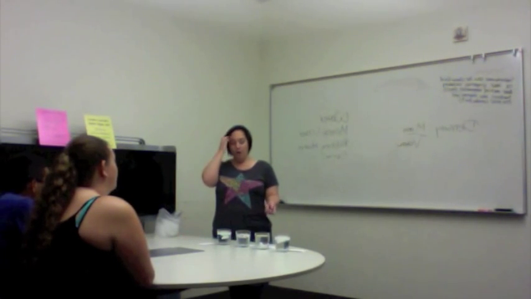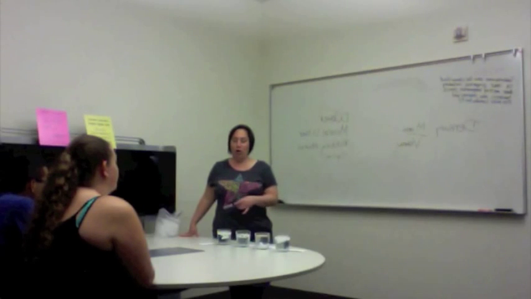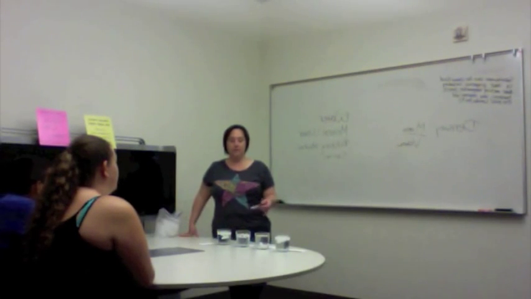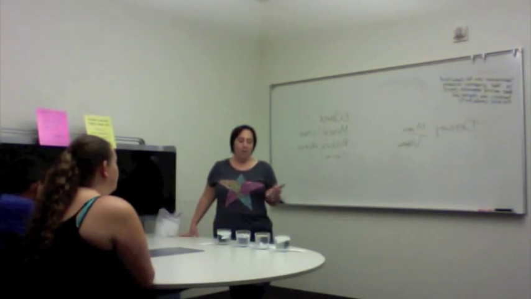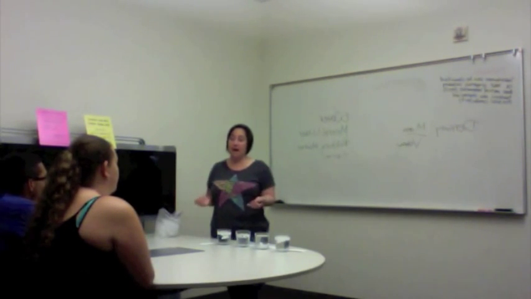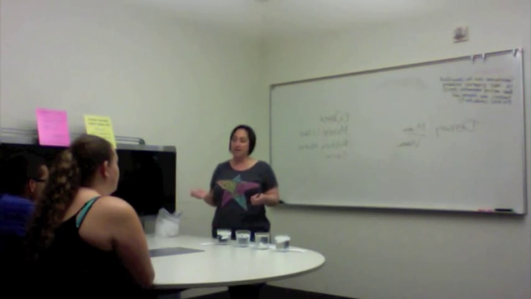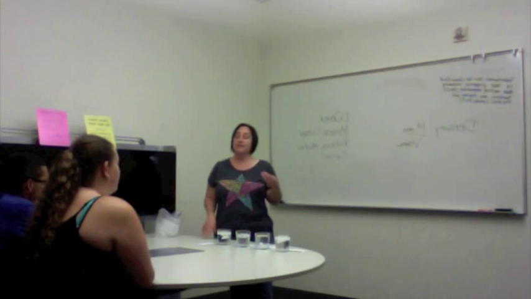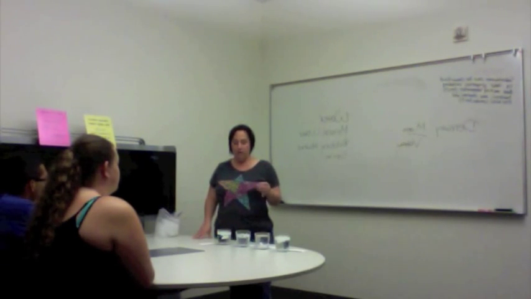So water and soda and alcohol all have their own density. So the water might be a different density than the soda, and so they're not going to be exactly the same. So the water might not be as heavy as the soda, but the ice is still lighter than the water, so it's still going to float.